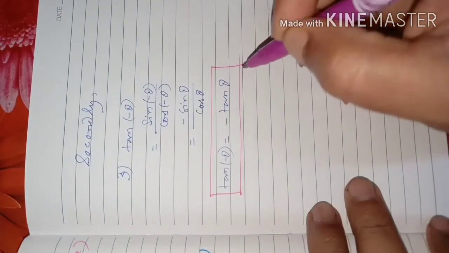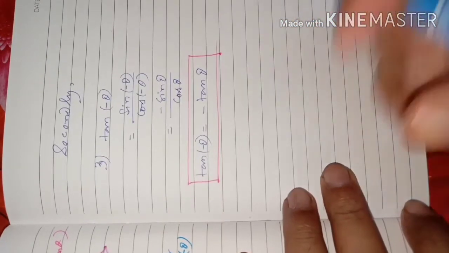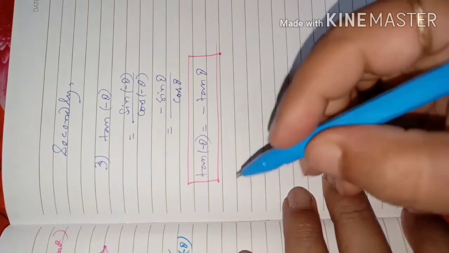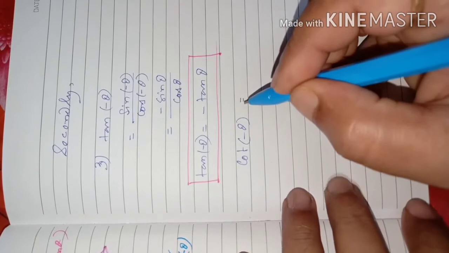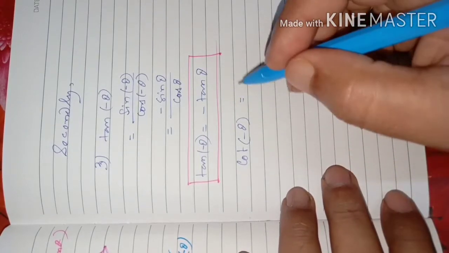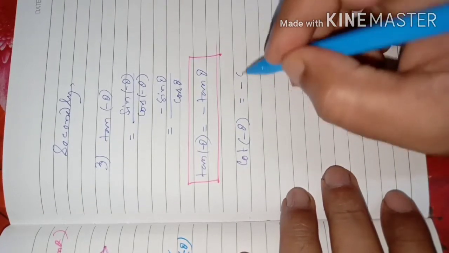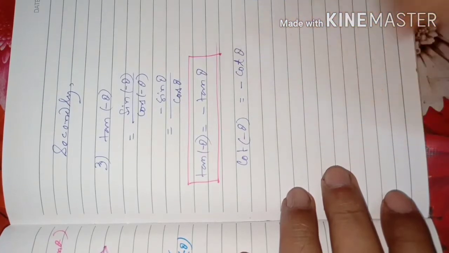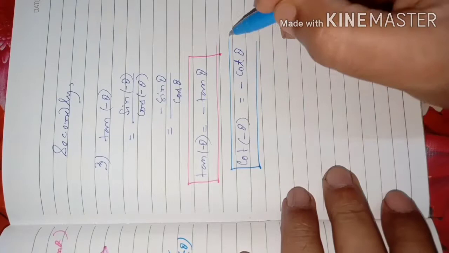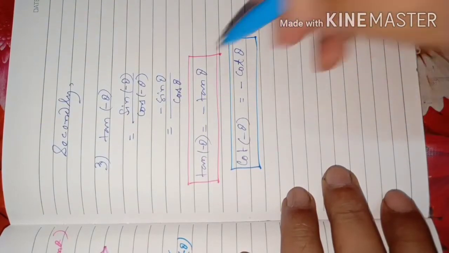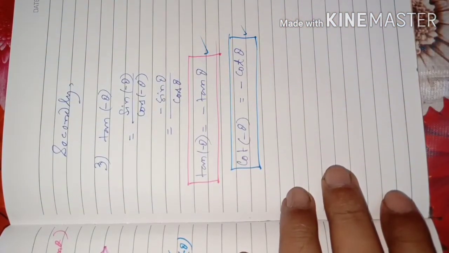Similarly, we can also write cot of minus theta. That also will be negative because sine is negative. So cos by sine, cos is positive, so it will become minus cot theta. Is it clear, dear students? So this is cot of minus theta and tan of minus theta.